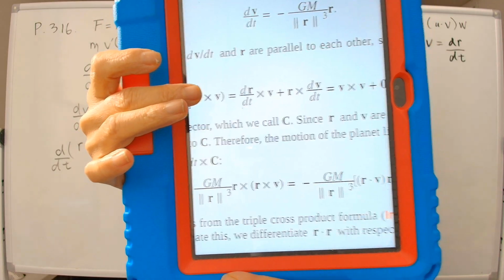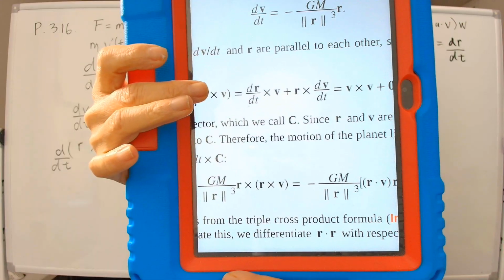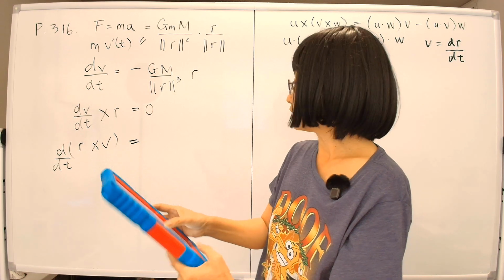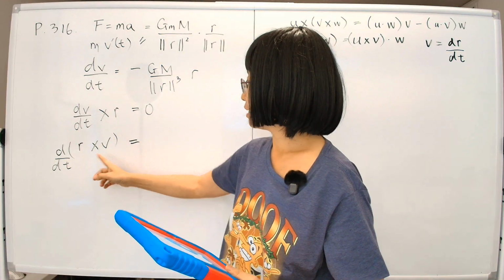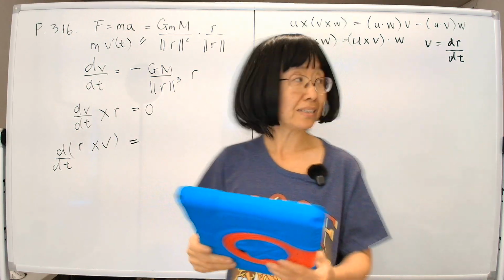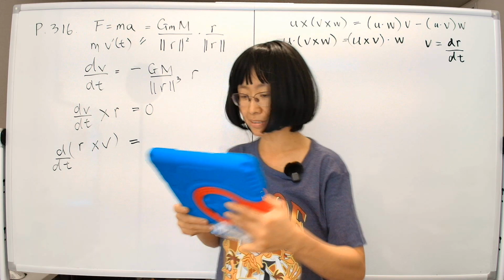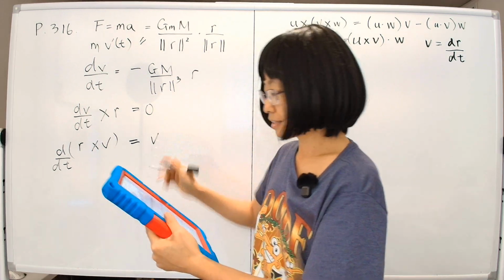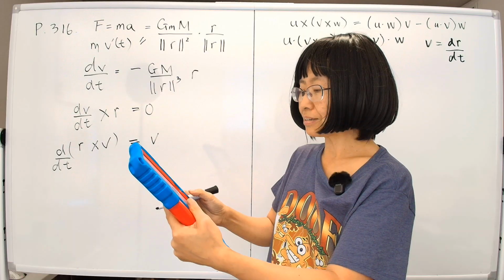And as long as you don't flip the orders around and do things in that order, everything looks good. And then what is dr by dt again? The first term, dr by dt, remember, that is just v. And the second term, r cross dv by dt.